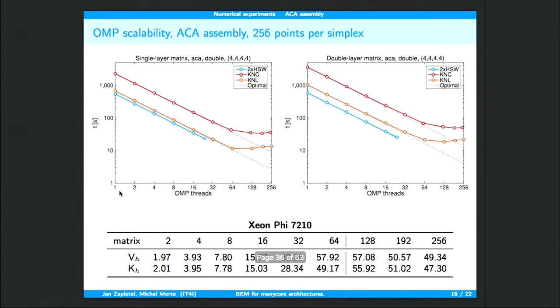On KNL, again single thread performance much better than KNC, but here we are not able to achieve the 64 speedup. So there's definitely some more work to be done, and I think that we have already tested this assembly in the cache mode and it helps, but I don't have the results here, so I'm not sure what speedup we reach actually.